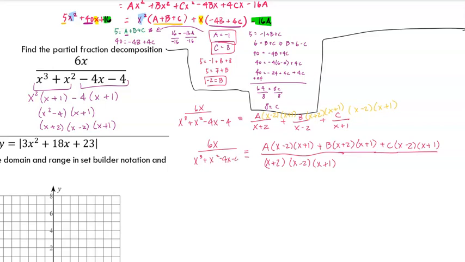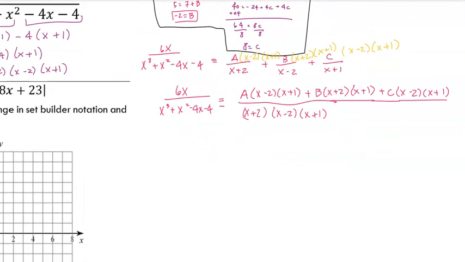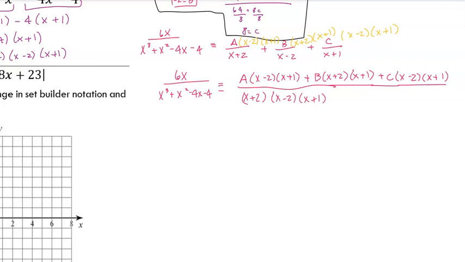Oh, I hear my dog. Okay, so let's go ahead and expand: we got 6x equaling a times x squared minus x minus 2, plus b times x squared plus 3x plus 2, plus c times x squared minus x.